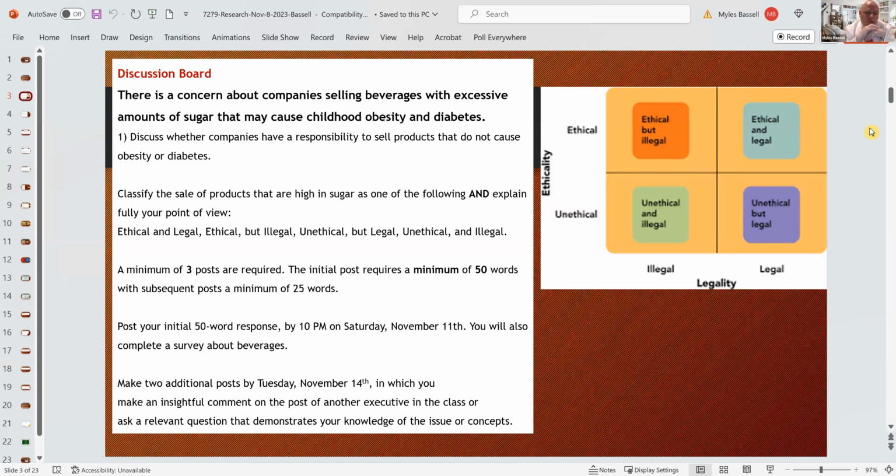Because if you consider other products, maybe obesity doesn't sound like a horrific issue, or diabetes is not what we would consider to be terminal in the short term. What about when you think about the sale of cigarettes?